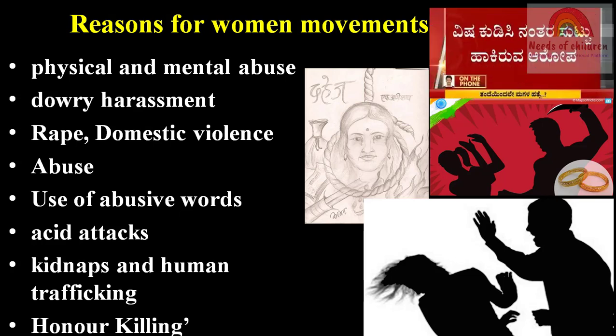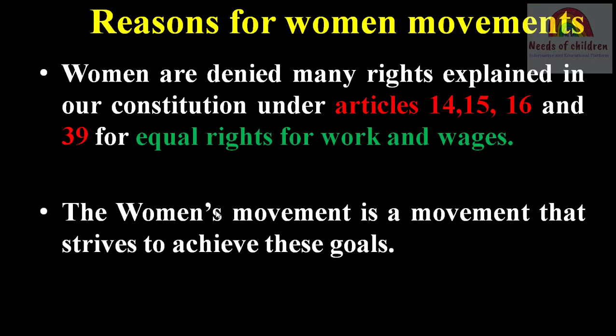Even honor killings, such kinds of incidents also take place. Women are denied many rights explained in our Indian Constitution under articles 14, 15, 16 and 39 for equal rights for work and wages.